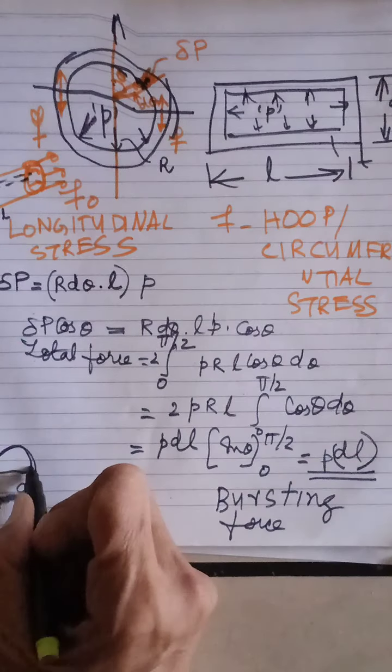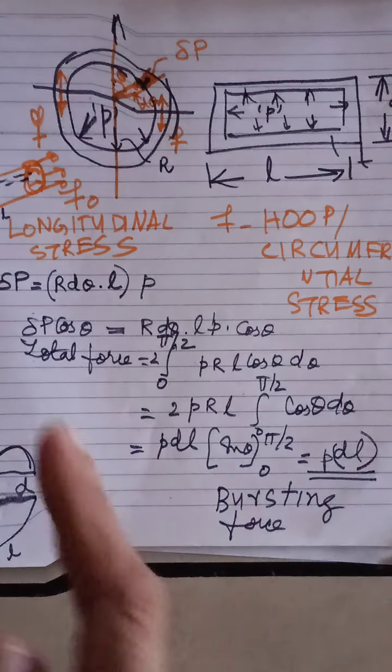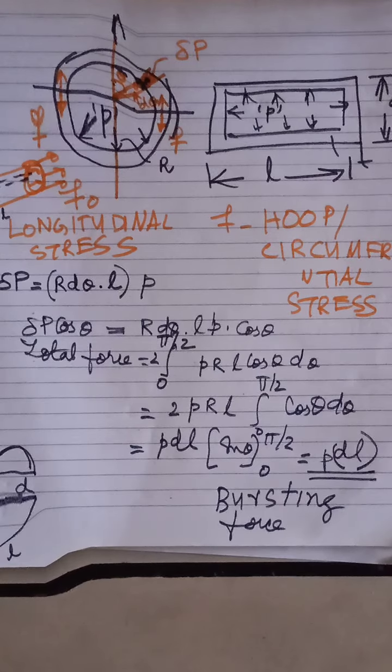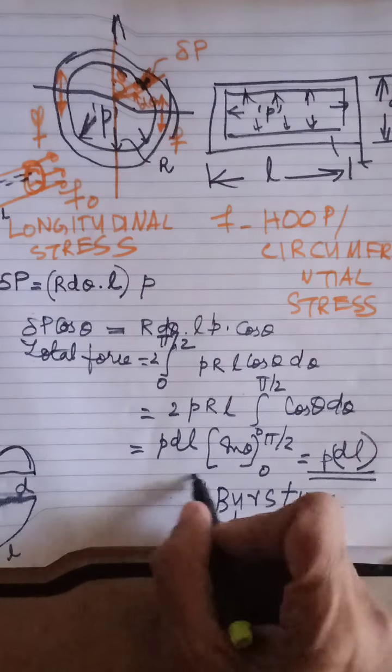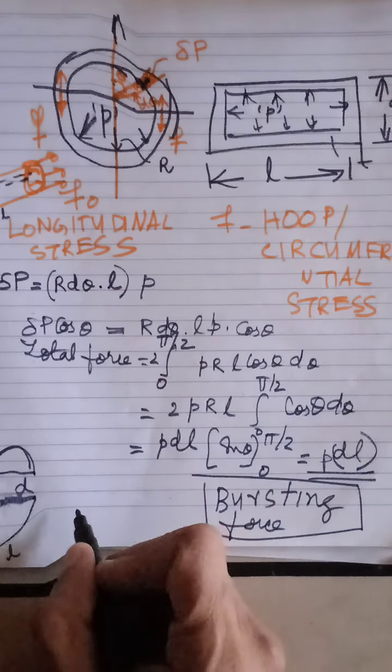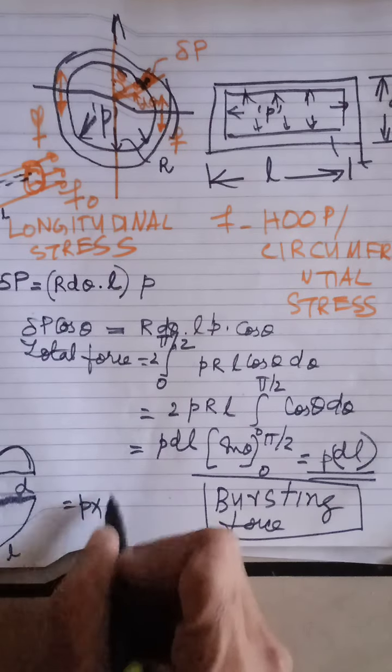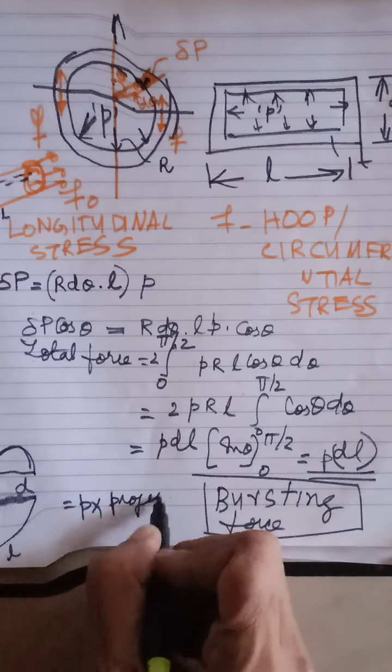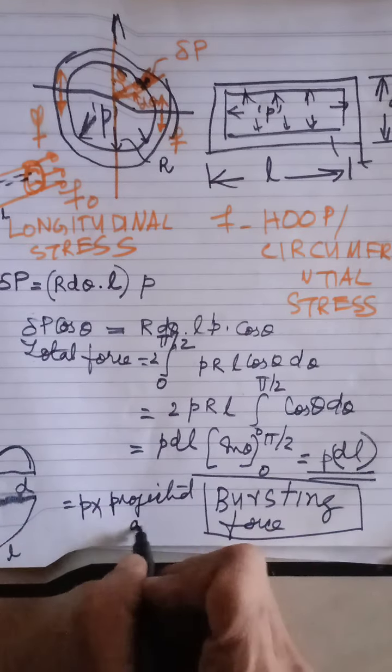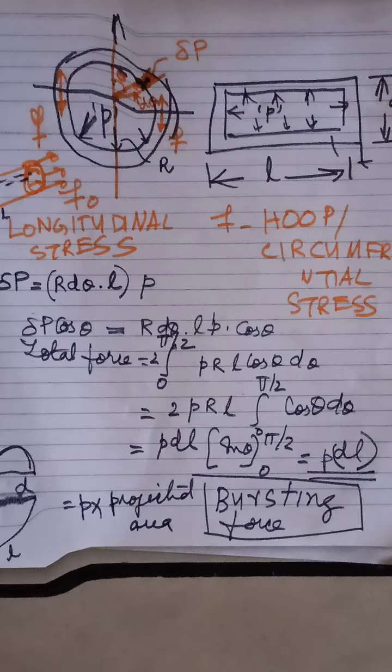If you project this cylinder down, you can see a rectangular area D into L. So this is the terminology for bursting force: it is p into the projected area. That is the bursting force.